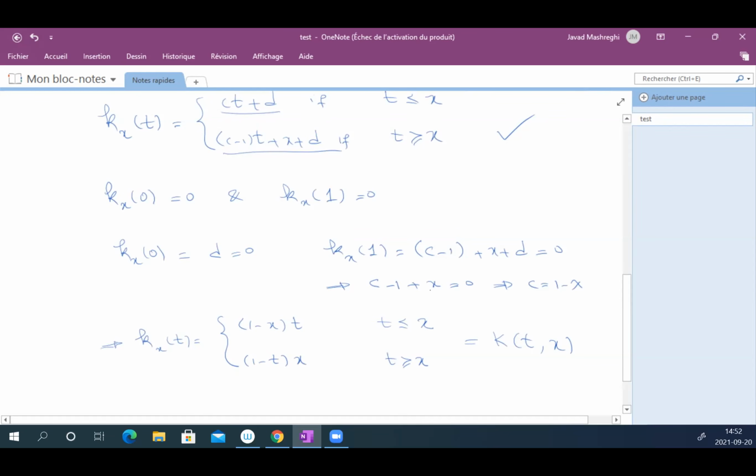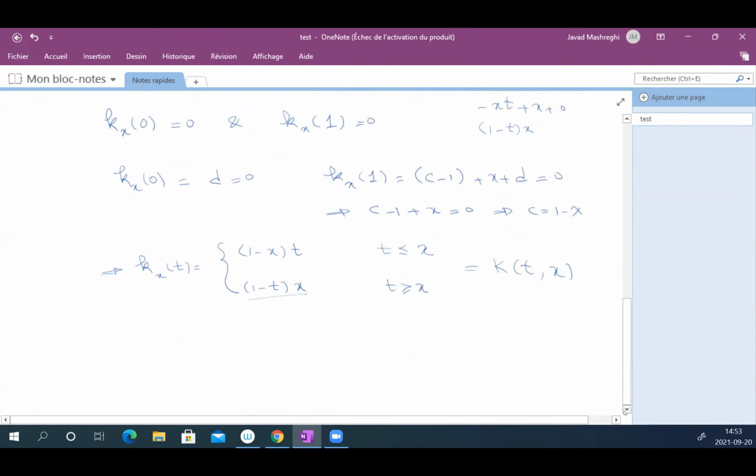C minus 1 is minus x, so it's minus x times t plus x plus d, which is 0. True. And when I factorize x, it becomes 1 minus t times x, which I wrote here. Yes, it's true. And the same for the other one.